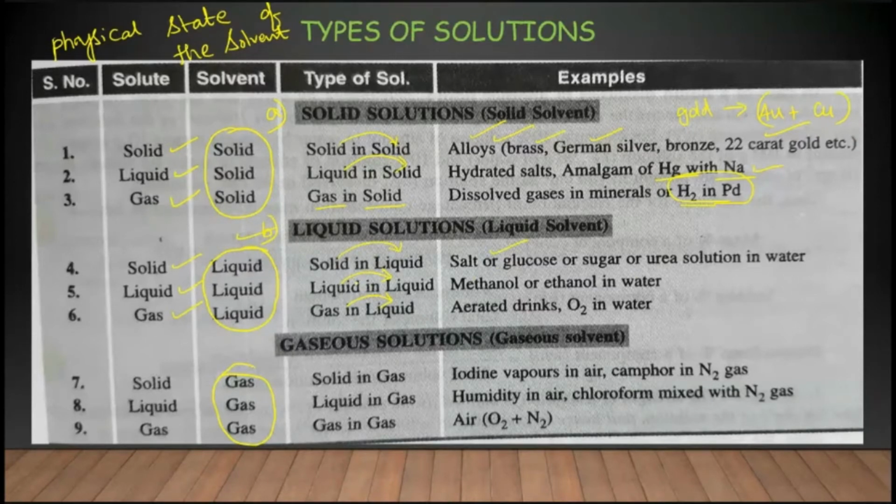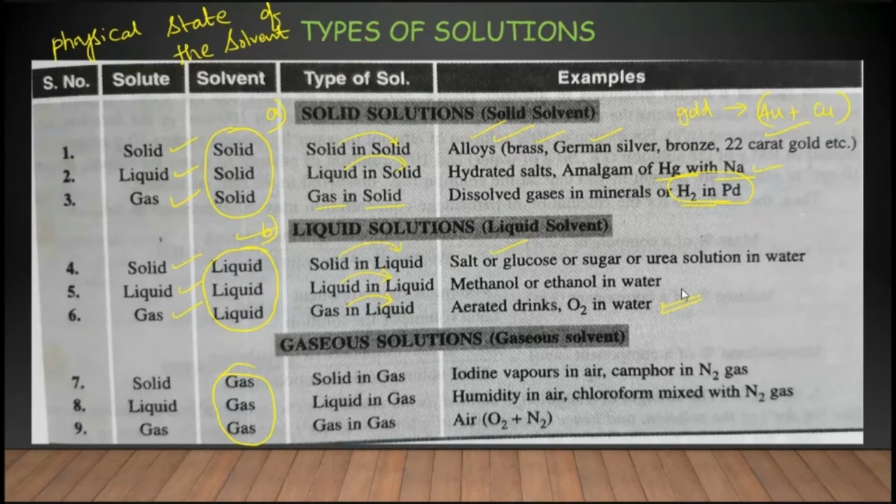For liquid in liquid, methanol or ethanol diluted with water is an example. For gas in liquid, a very common example is aerated drinks, which you can see in daily life, the best example of gas in liquid solutions.